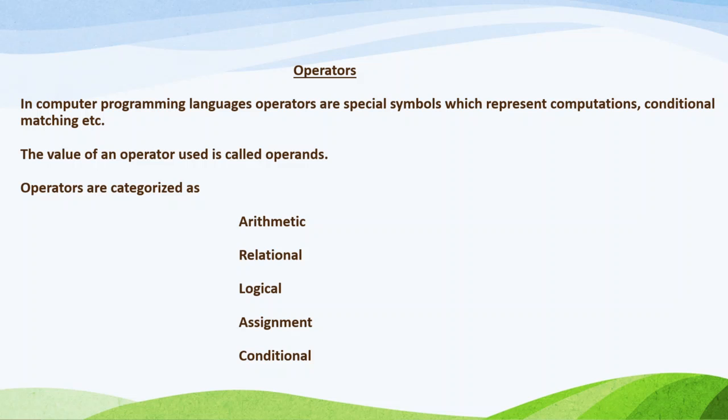In Python, the operators are categorized as arithmetic, relational, logical, assignment, and conditional. These are the different categories in which the operators are designed in Python.